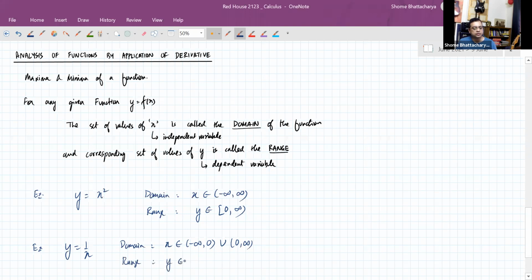So y belongs to the set, again, minus infinity to 0, union with 0 to infinity. Or we can say that x belongs to all real numbers excluding the single number 0. And similarly, the range belongs to the set of all real numbers excluding 0. Okay. So this is what we mean by domain and range. Just make a note of this quickly.